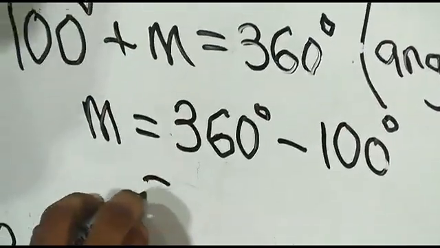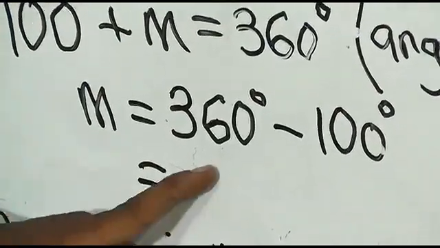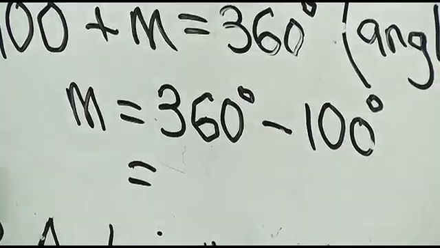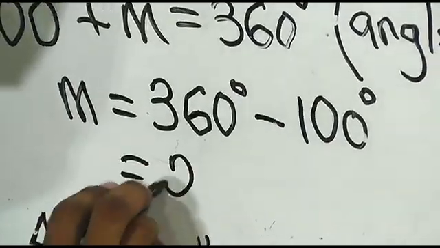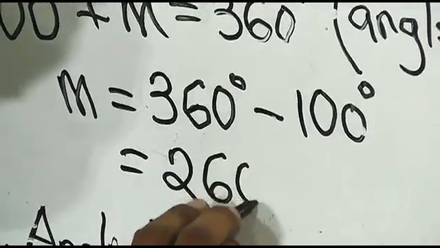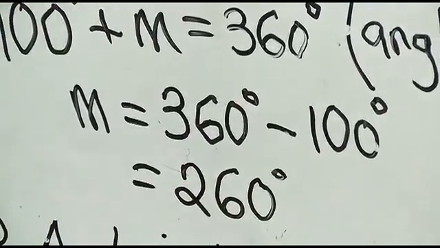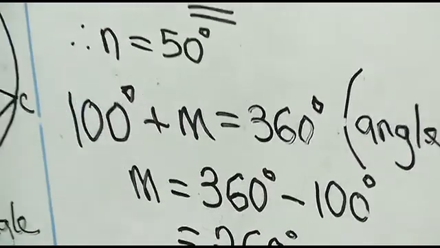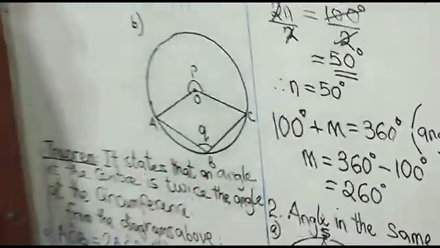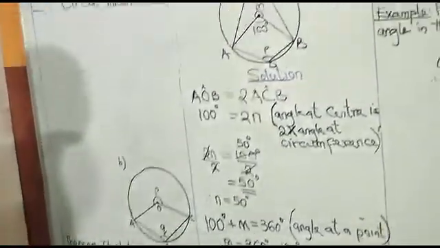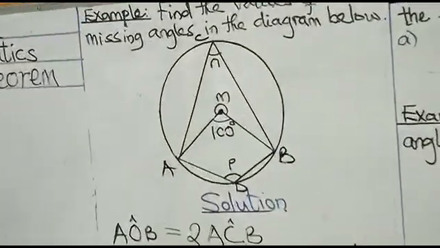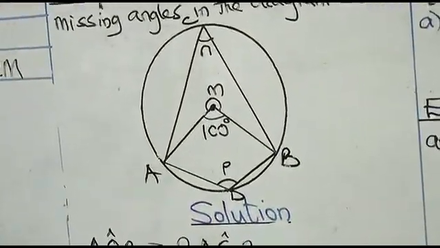And here we'll have it as what? 360 degrees minus 100 degrees, you have 260 degrees. So our m is 260 degrees. And that has given us a clue to find P. And what is the same P? P is what?